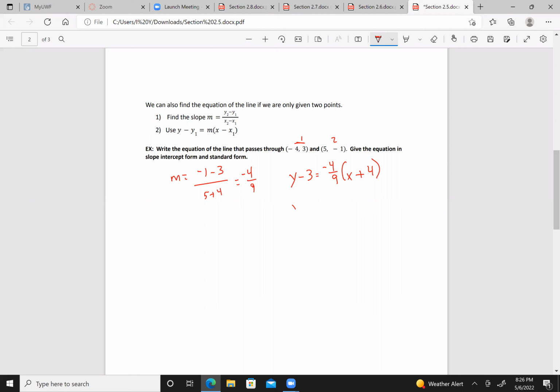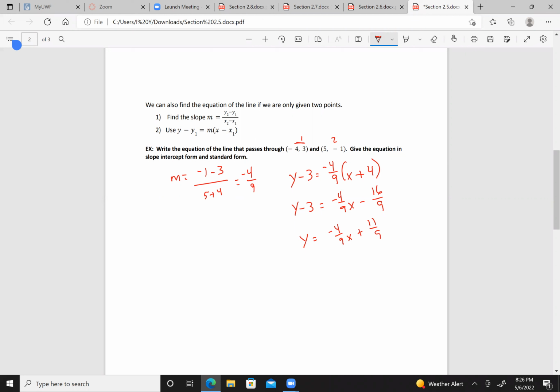So here I have y minus 3 equals -4/9 x minus 16/9. Then I'm going to add 3, which is 27/9. So I get y equals -4/9 x plus 11/9. And that is slope-intercept form.